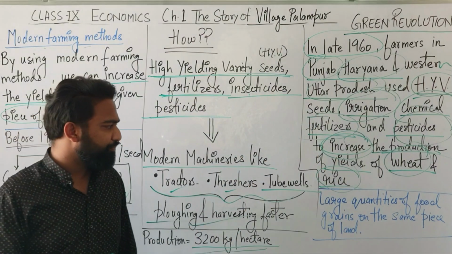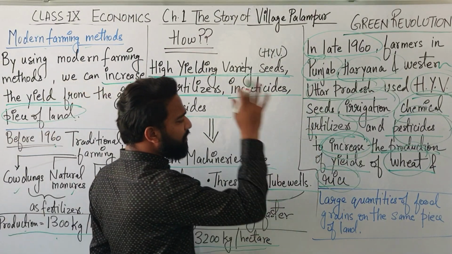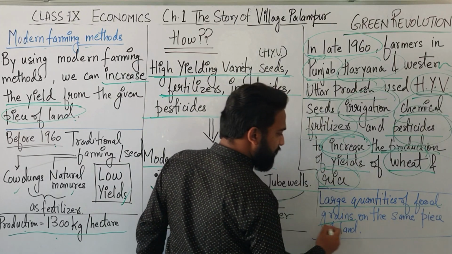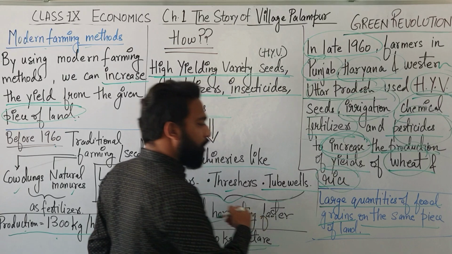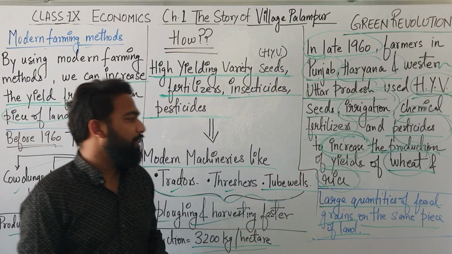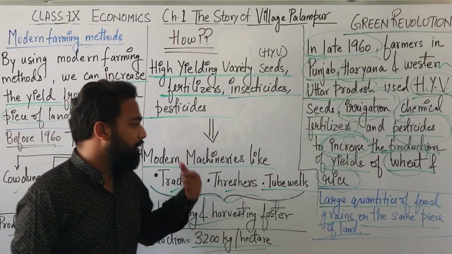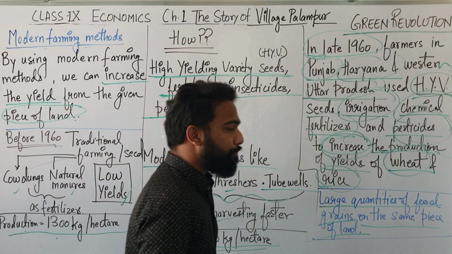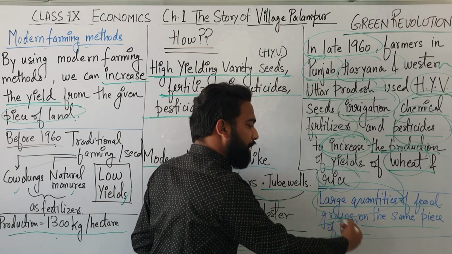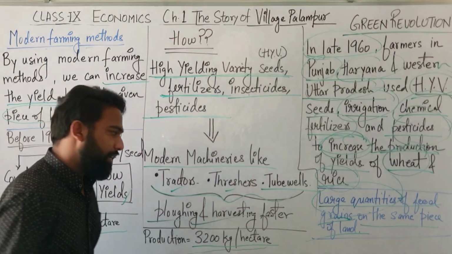Is that clear? With these things, large quantities of food grains were produced on the same piece of land.